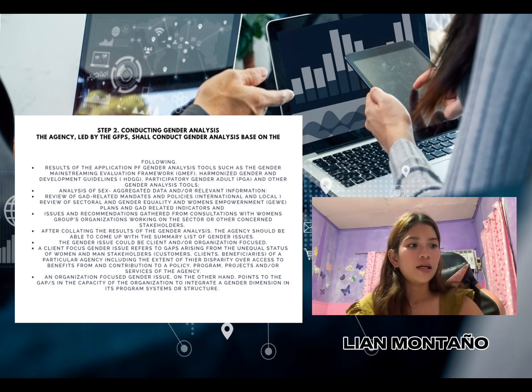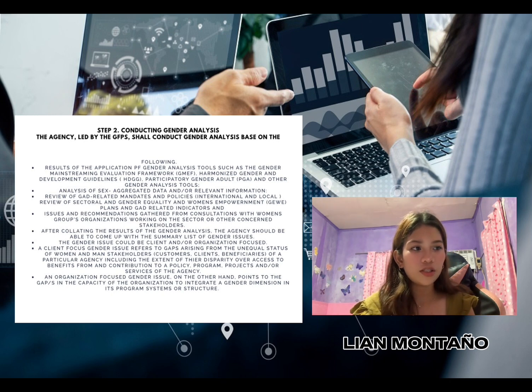After collating the results of the gender analysis, the agency should be able to come up with a summary list of gender issues. The gender issue could be client and/or organization focused.